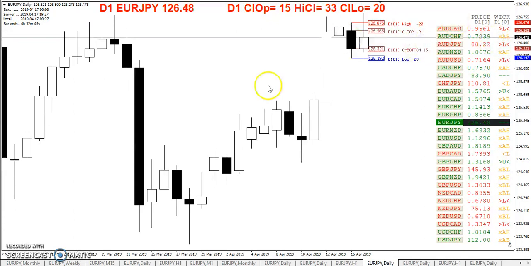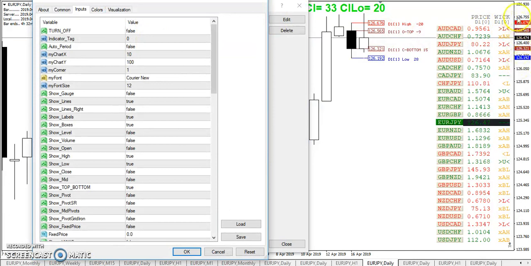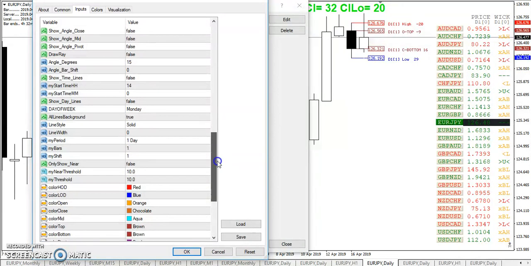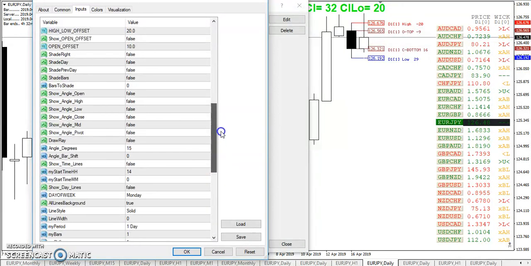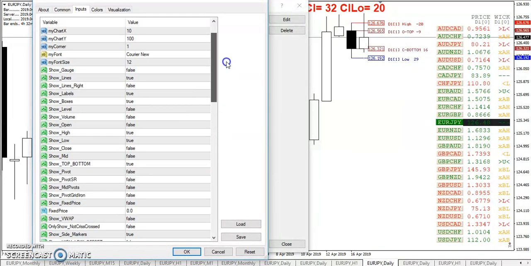Once again, showing wick zones across the different pairs. Oh, one thing I'll show you here on the H15. People wondering what's going on here. It was something I learned how to do, so I put it in a bunch of indicators. Where is it? Show side markers right here. True.